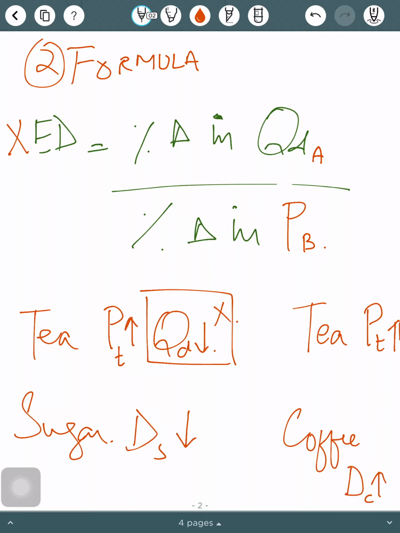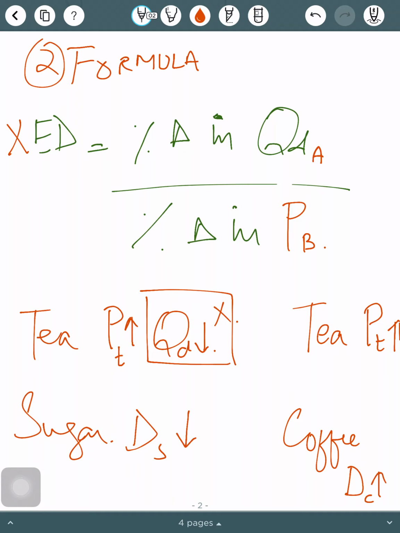Because people will now switch from consuming tea to another substitute, that is coffee. Now this relationship may either be strong or it may be weak. For example, it might be that tea and coffee, yes, they are substitutes for each other, but for certain people, regardless of the rise in the price of tea, the demand for coffee will not rise as much, and vice versa.